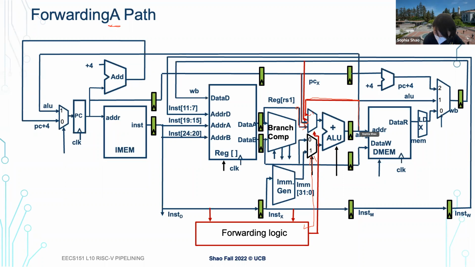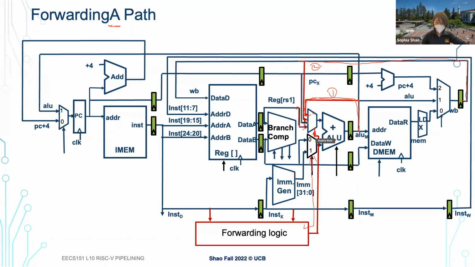Here is a previously calculated result: from my ALU, I just forward it back. Another scenario is the result being written back to the register; I can also grab that result and use it directly as an input of the ALU.